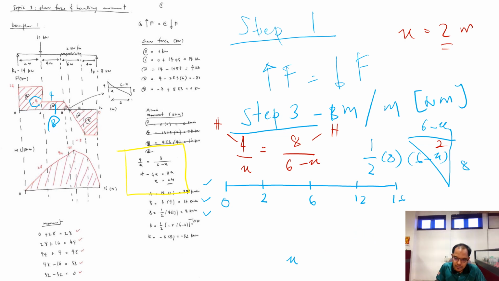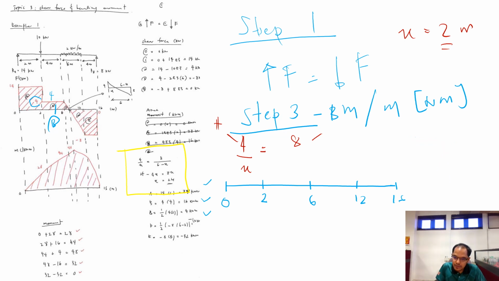So at the end of the day, you manage to get B equivalent to 4 kilonewton meter, and then for D you're going to get 16, if I'm not mistaken, isn't it?